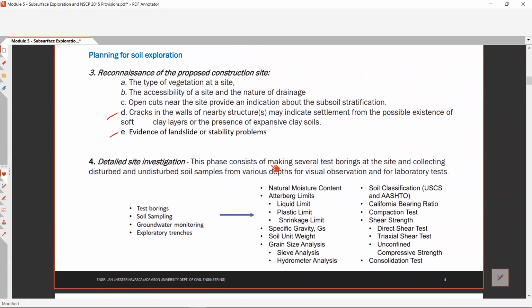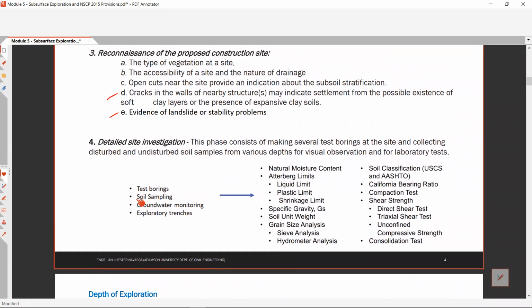So we have these different laboratory tests. You need to use test borings, then soil sampling, then groundwater monitoring, then exploratory trenches. Then you need to solve for this detailed site investigation. So these are all commonly taken for the geotechnical report.